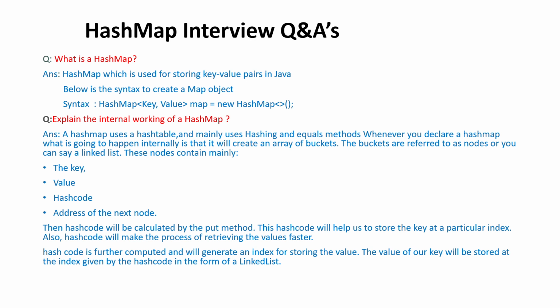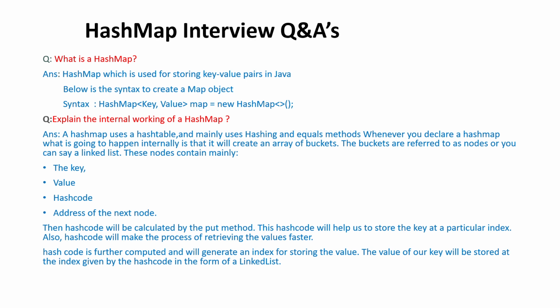At that time, it will call the equals method. In the equals method, if the keys are equal, it will override the value. Otherwise it will create a linked list. It will store again the same key, value, hash code, and address of the next node. So it will create a linked list.